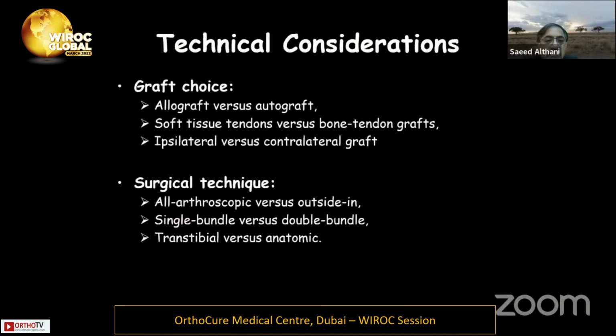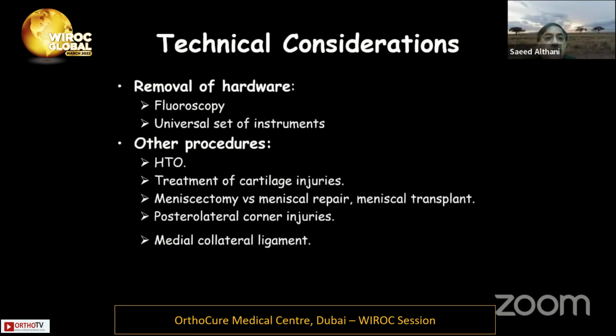of the graft. So we need to know about the graft choice: allograft versus autograft, soft tissue tendon versus bone-tendon graft, and ipsilateral versus contralateral. We need to assess what type of technique we need: all-arthroscopic versus inside-out, single bundle versus double bundle, transtibial versus transportal.